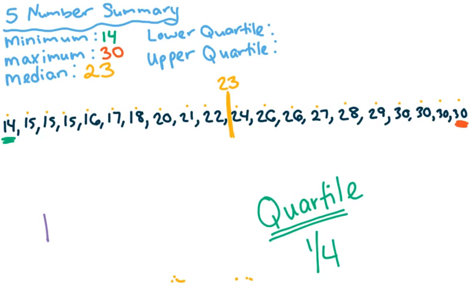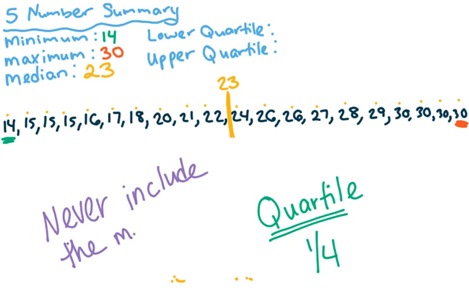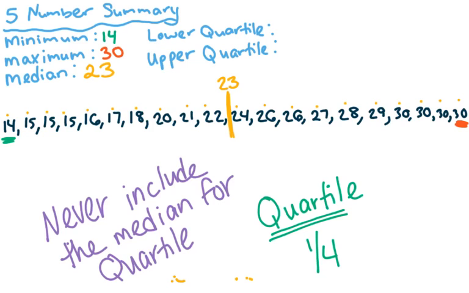Never include the median. The reason we never include the median is sometimes our median is not another data value, like this 23. It's not actually in the set. So we don't want to include the median in case it's not even there when we're counting off our values. So now I'm going to find the median of each set.